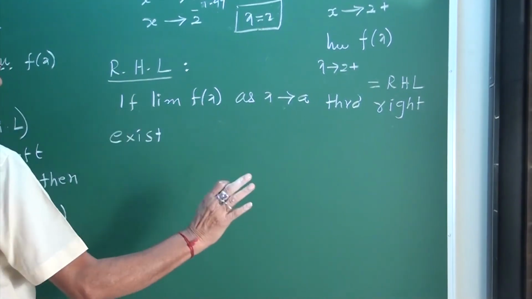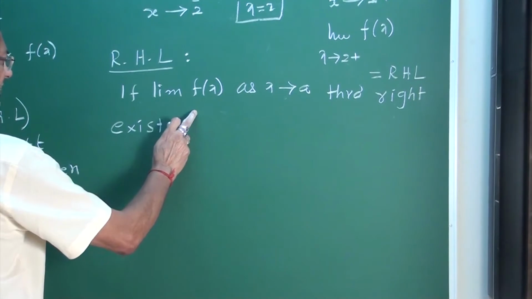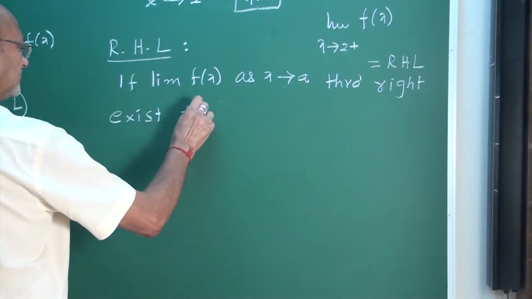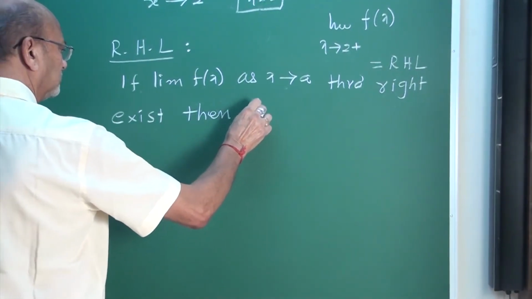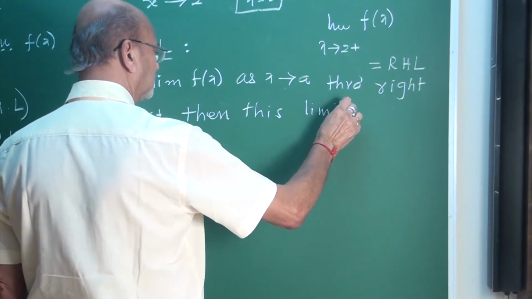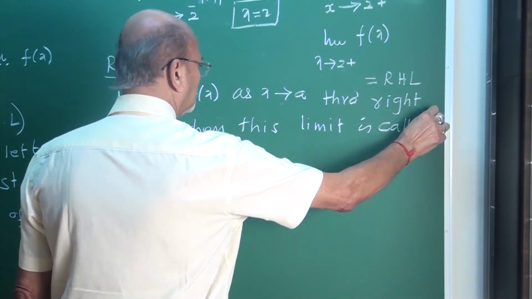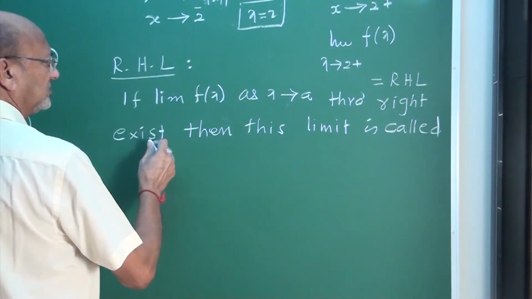Why? If at all the limit exists, it is always unique and finite. Then this limit is called the right hand limit of f(x).